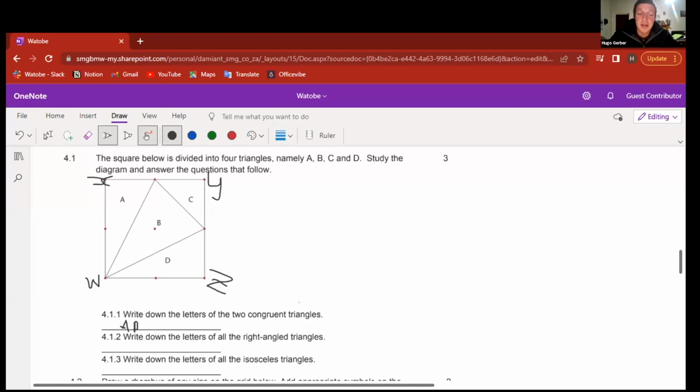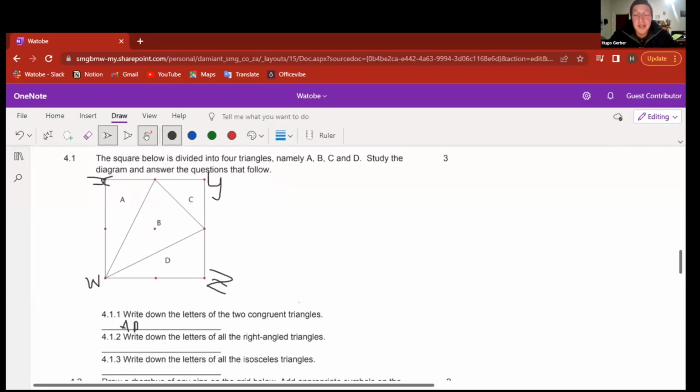I need the letters now of the, let's put them all in one message in the chat, the letters of the isosceles triangles. I explained already, so here it comes again. Isosceles means a triangle has two sides that are the same length.